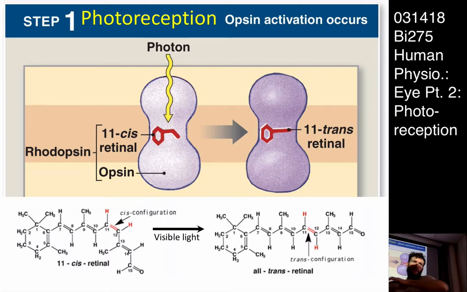It sort of wants to be away from itself, wants to be able to open itself up. So this is a high energy state right here. It absorbs the energy from the photon, and the light is of the specific frequency, the specific wavelength, that is able to cause an isomerization.